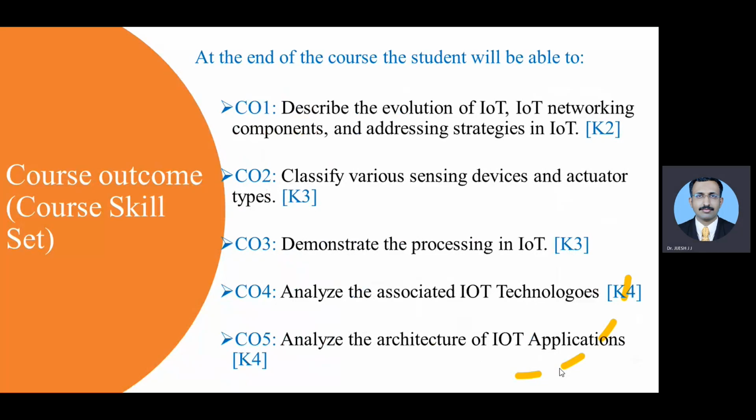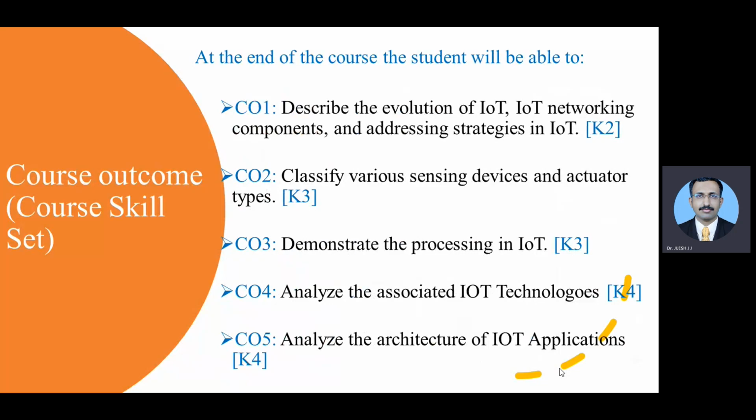Okay. Then we will be having classification of various sensing devices, actuators and their types. So you will be understanding what the different sensing devices are, what is meant by an actuator, and the different types of them. That is knowledge level 3. Then we will demonstrate the process of IoT, how the IoT functionality works, all those things we will be discussing. That is the third level.